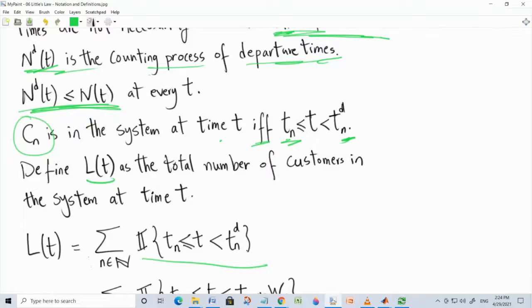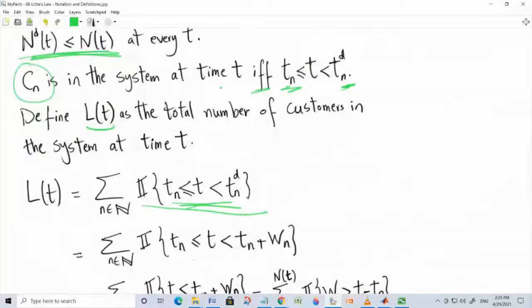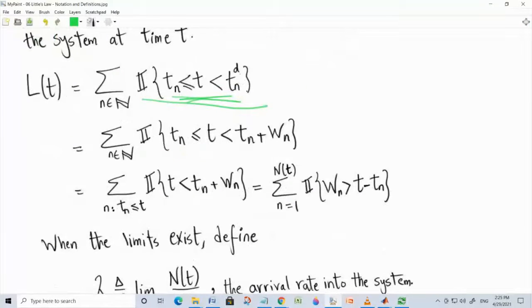This gives the number of customers at time t: those for which t is between the arrival instant and the departure instant. The time of departure is the time of arrival plus the time spent in the system waiting and then being served.